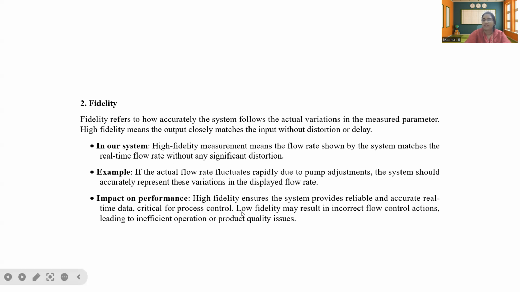If there is low fidelity, then what happens? Incorrect flow control actions will take place, low quality and inefficient operations. These are the problems if there is a problem in the fidelity.